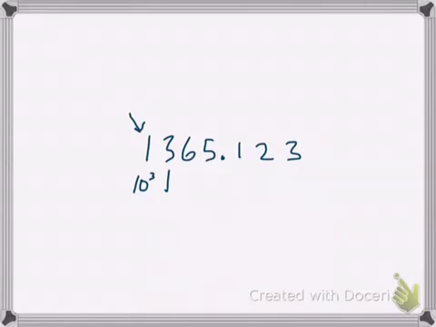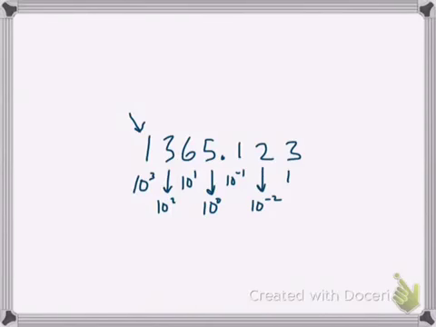Right, this is the hundreds place, which is 10 to the second. This is the tens place, which is 10 to the first. That's the ones place, which is 10 to the 0. Okay, this is the tenths place, which is 10 to the negative 1. This is the hundredths place, which is 10 to the negative 2.